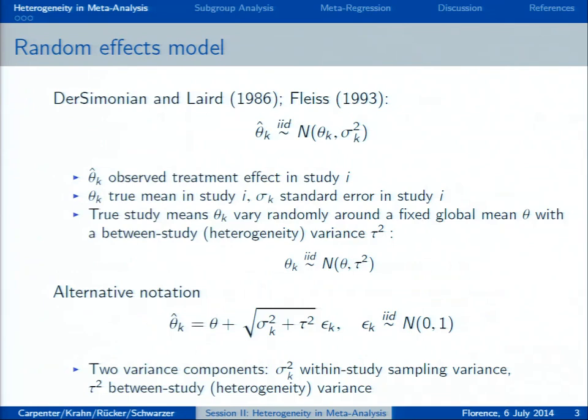So key to all this is to extend our fixed effects model from this morning to a random effects model, and once again we have that theta hat k is the estimated effect from the kth study, but now instead of having that directly related to the overall effect, we're saying that this effect is in fact distributed around theta k, so around the true value for studies, say, of that design in that population.